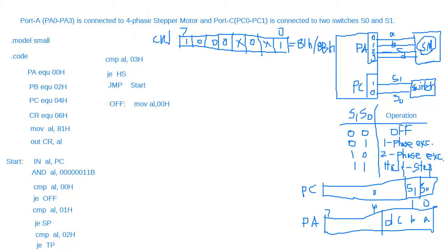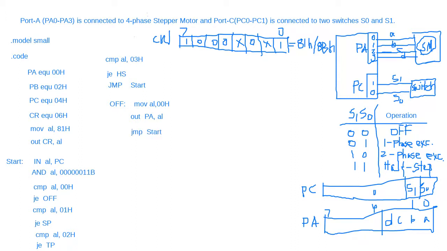So OUT port A, AL. That means the motor is off. Then JMP start again. It must go again and again and check what the switch condition is there.